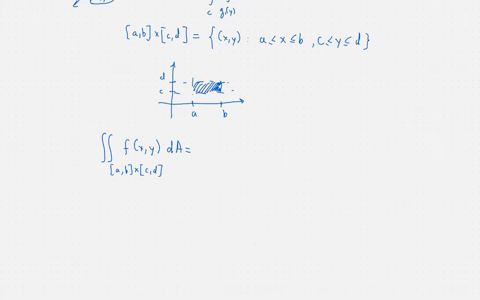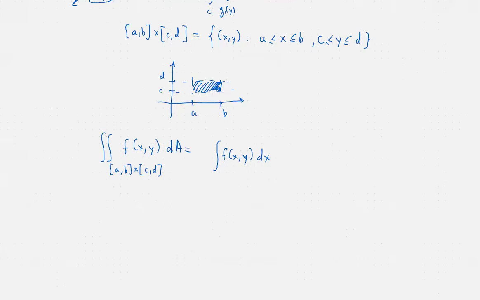So this will be the integral of f of x, y, and we do integration first with respect to x. What this means is that we treat y as a constant, same thing that we were doing when we were taking partial derivatives in some sense, and this goes from a to b, and what we get depends on y, meaning it's a function of y, it's an expression of y, and we integrate from c to d.